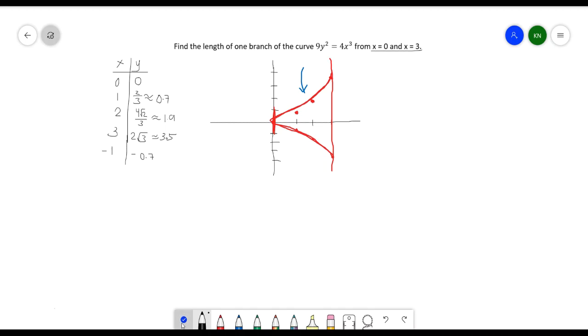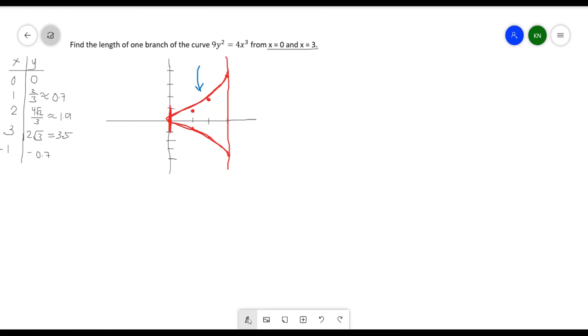So using the first equation, we have to isolate our value of y here. So from 9y squared is equivalent to 4x cubed, we need to isolate y again. So meaning to say we need to divide both sides by 9. So we have y squared left. So y squared is equivalent to 4x cubed all over 9.